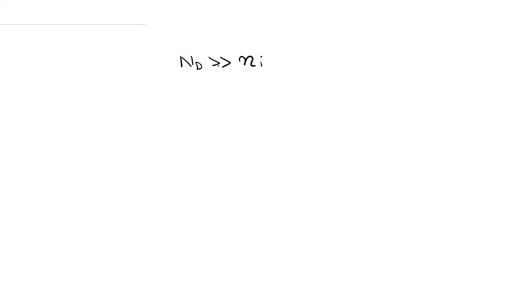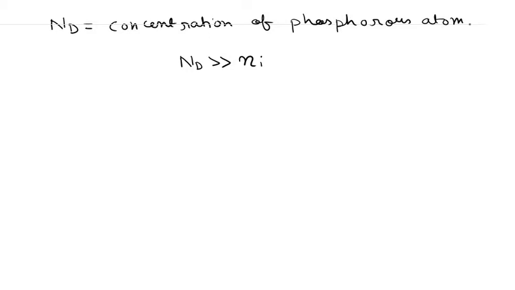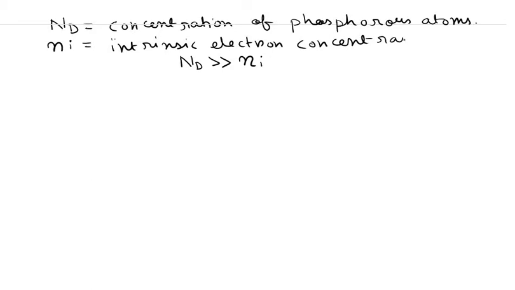Okay, so given that the concentration of dopant atoms, let us say the concentration of phosphorus atoms, is much greater than the intrinsic concentration of electrons in the conduction band, we have the total concentration of electrons in the conduction band approximately equal to Nd.